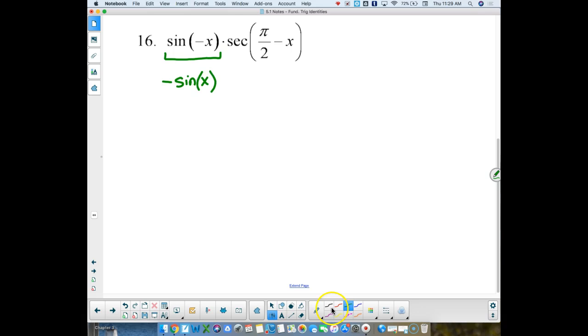Times what is the secant of pi over 2 minus x? That's the cosecant of x, right? Cosecant of x is 1 over the sine of x.